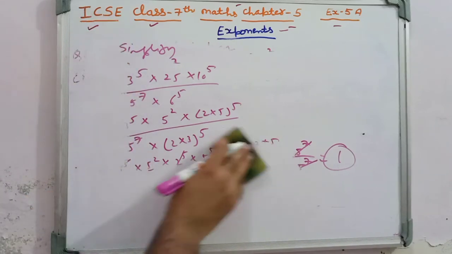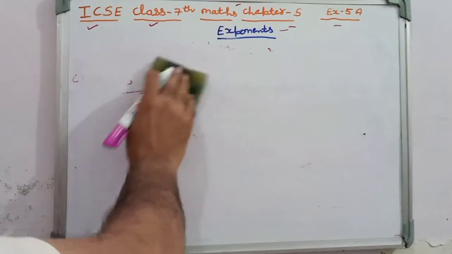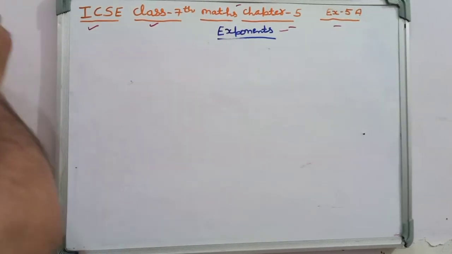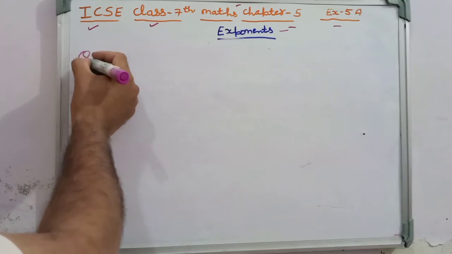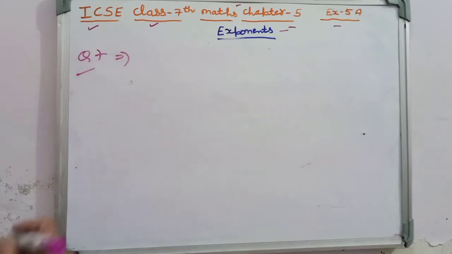Now students, we will move on to question number 7. Question number 7 in your book is: the distance between Earth and Moon is approximately 38400 km. Express the distance in meters in exponential notation. Right?